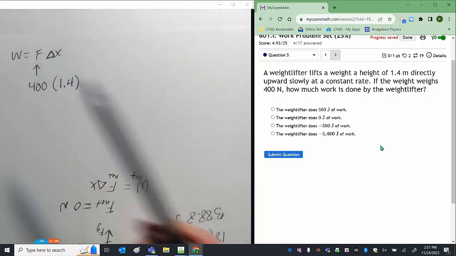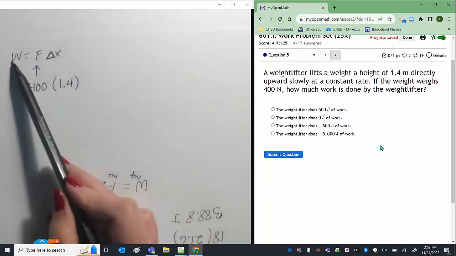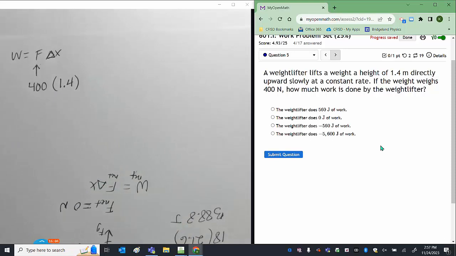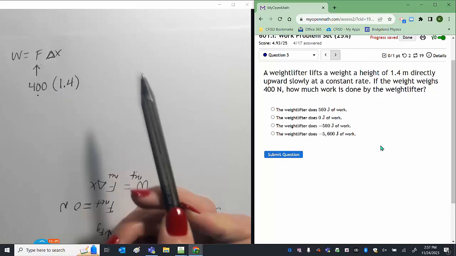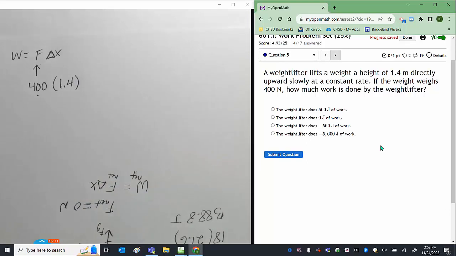If they give you the weight of something and ask how much work is done when you lift that weight from the ground, you take the weight in newtons and multiply it by the height to which you lift it. That gives the work done by the weightlifter. So that's 400 times 1.4, which gives 560 joules.